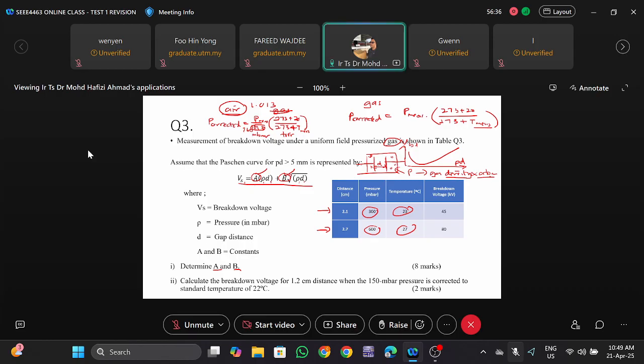Then if you have a distance D and also pressure P, you can calculate the breakdown voltage. Okay, so basically we need to follow that.